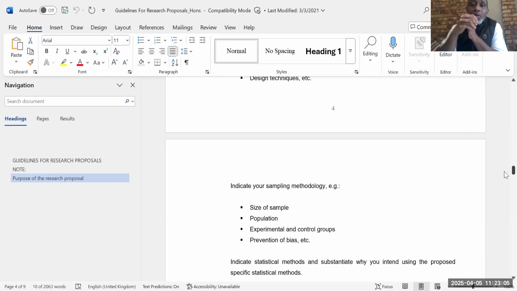So the sampling size is very important. You could say maybe we're looking at 12 samples, 50 samples, so that the reviewers and the funders will be able to see your sample size.